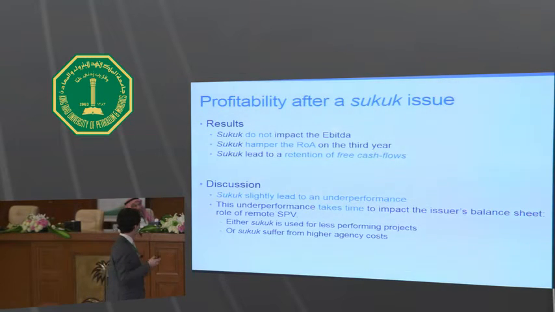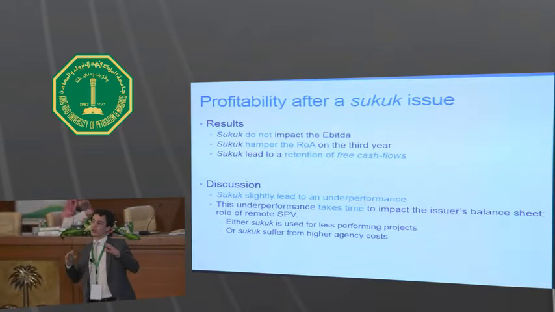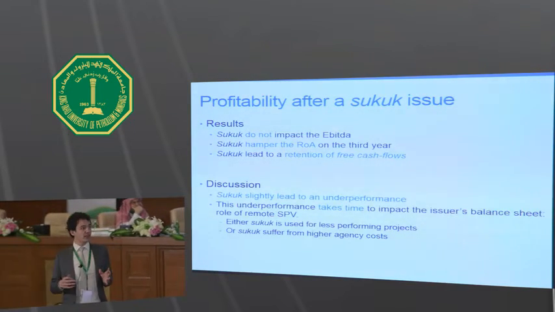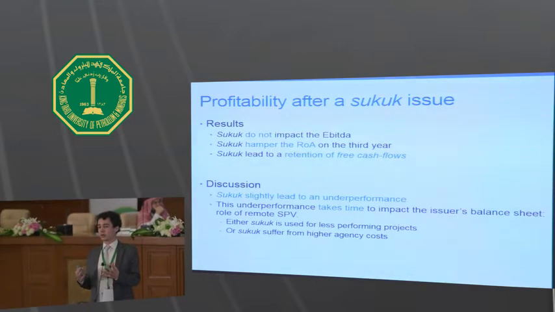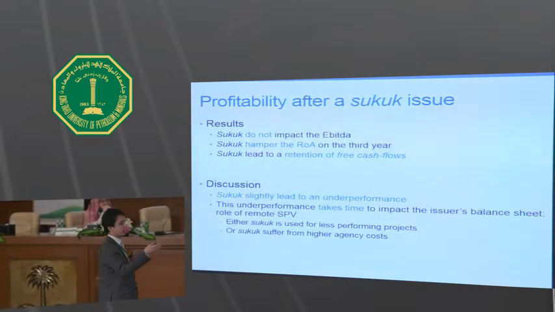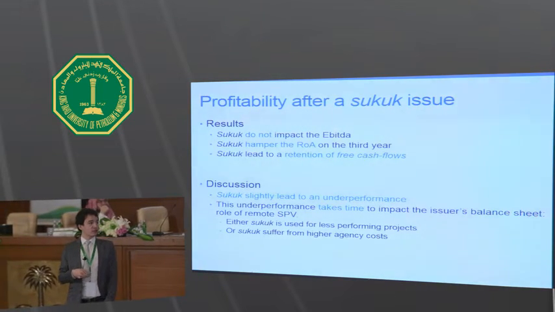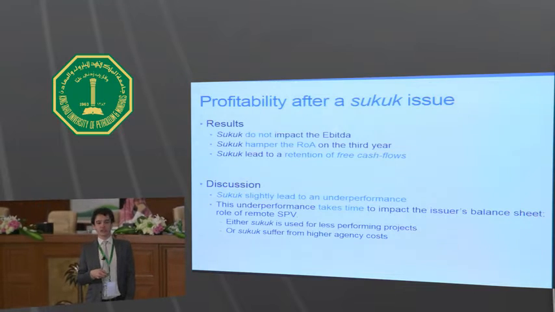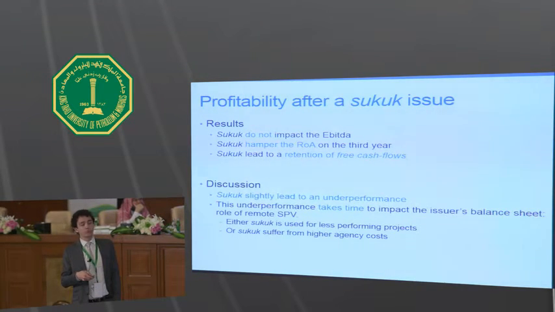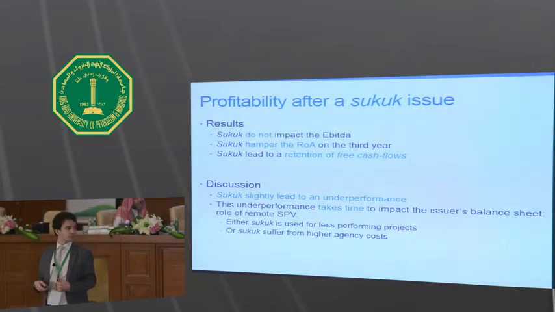What we can say is that this underperformance takes time to impact the issuer, and it's only a marginal impact. And the reason for that is the very way the Sukuk is structured, through an SPV. It's our interpretation. And our question is, either Sukuk is used for less performing projects, so you have this adverse selection scheme, or it is due to more hazard from the management, which is monitoring the projects.